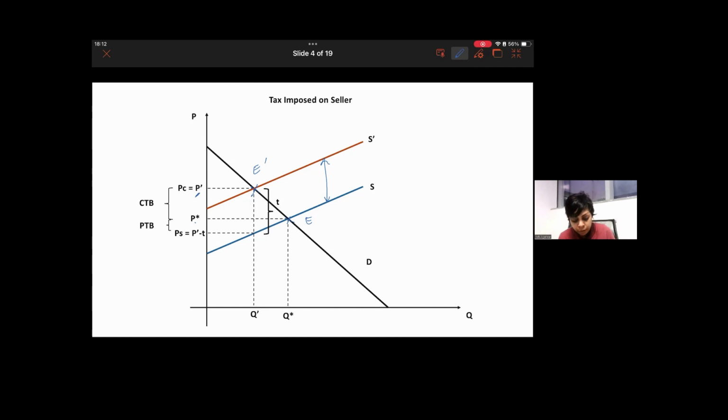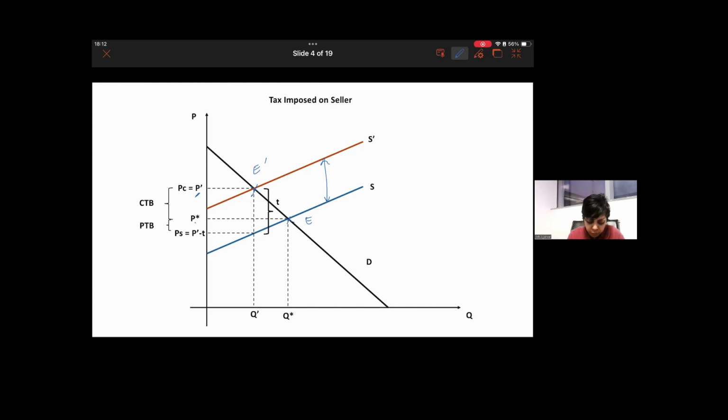We'll supply more. For a consumer, if the price is increasing, it's a bad thing, right? Because we don't want to pay so much. It's coming from our own income, from our own pockets. So in the case of taxes, both the things which are happening are effectively bad things.